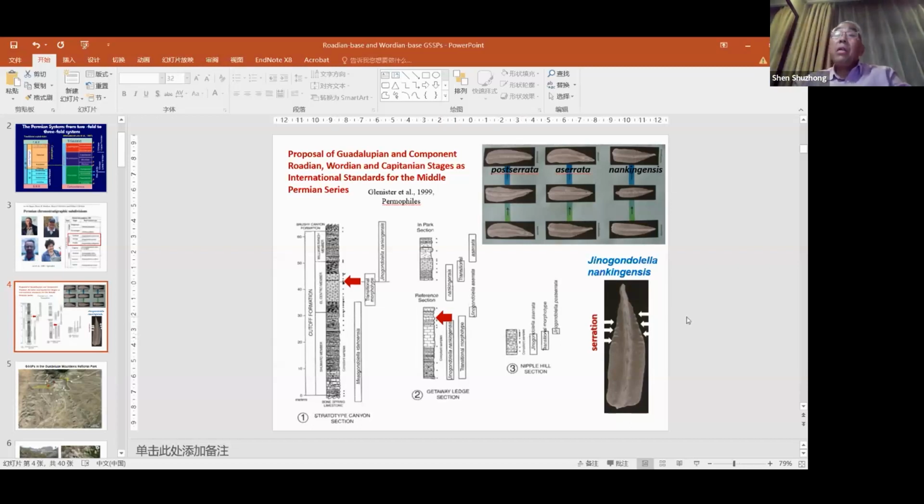In the former time, in the last century, conodont specialists thought that a very distinct character, which is called serration, like an arrow point, with some ripples here, and the occurrence of this kind of morphological character was regarded as the beginning of the Guadalupian. That's the tradition.